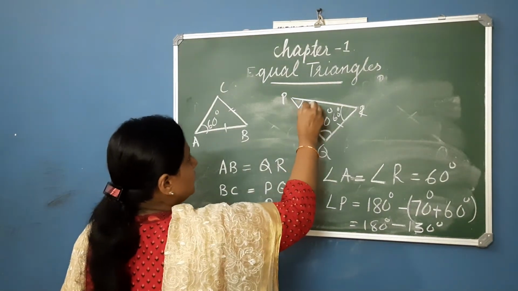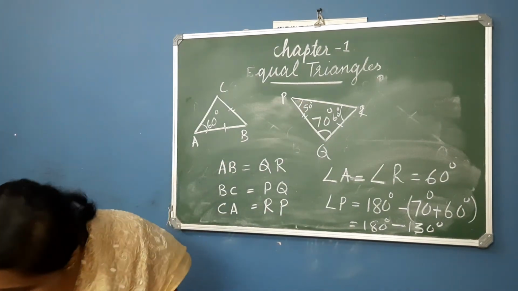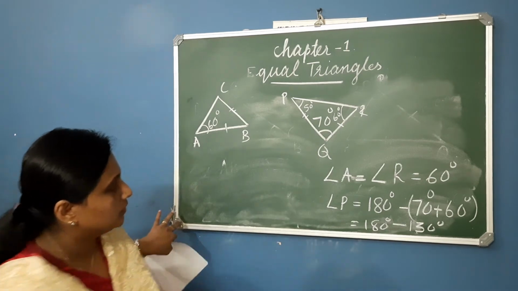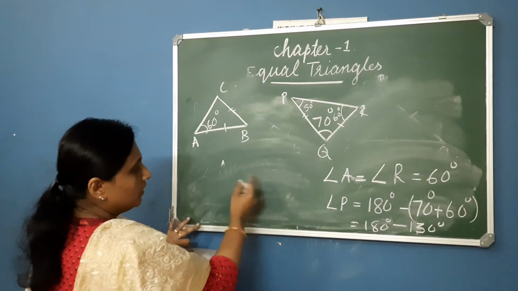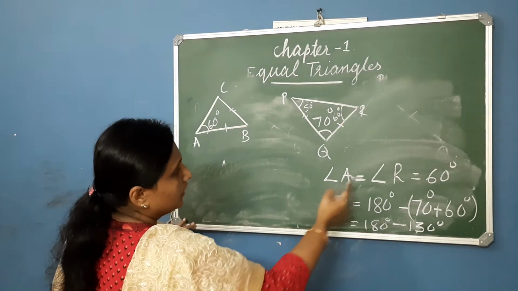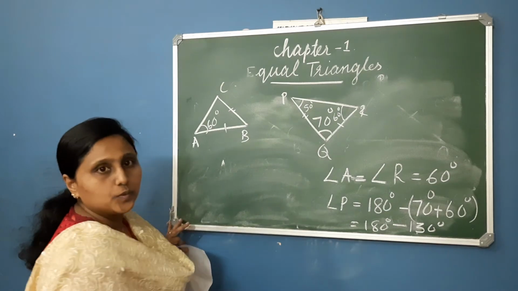That is, P is equal to 50 degree. So, in PQR, angle P equal to 50 degree, angle R equal to 60 degree, and angle Q is equal to 70 degree.